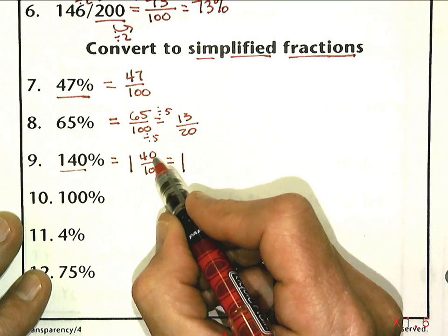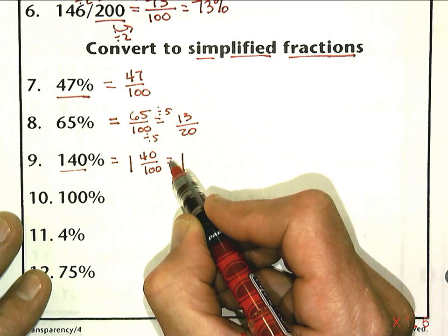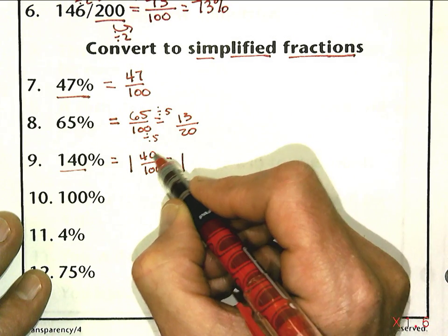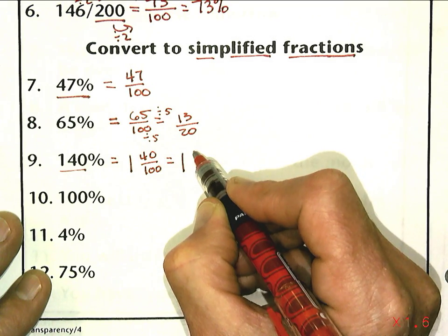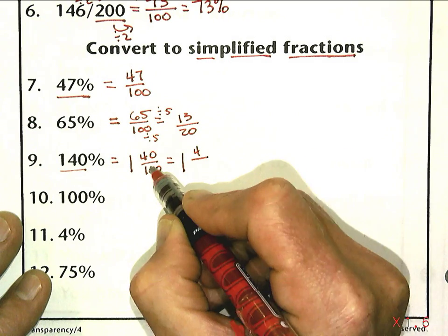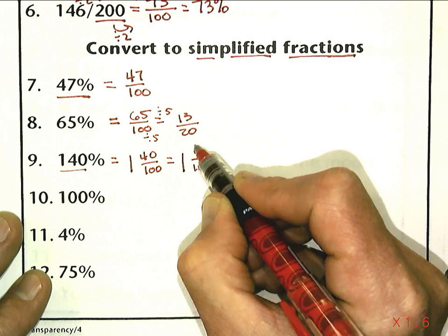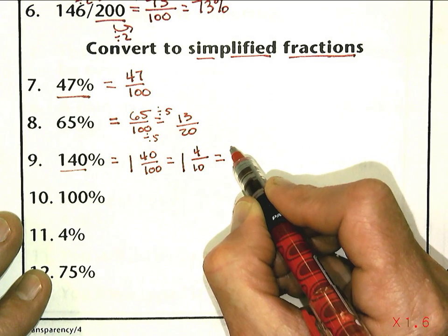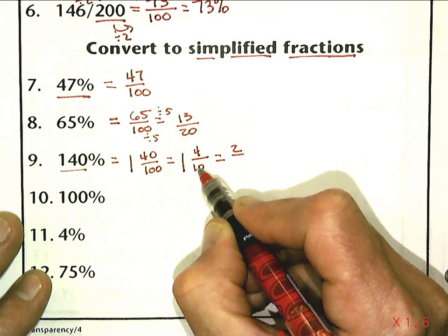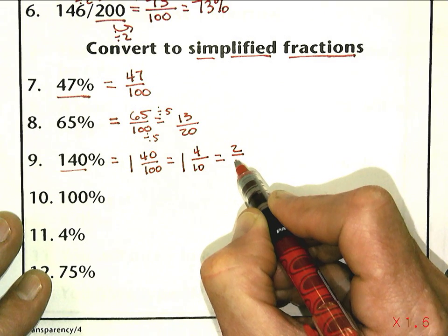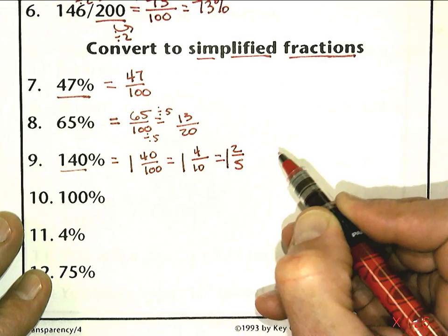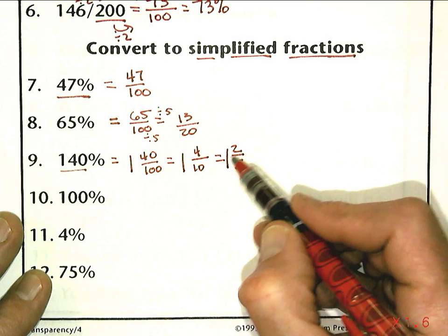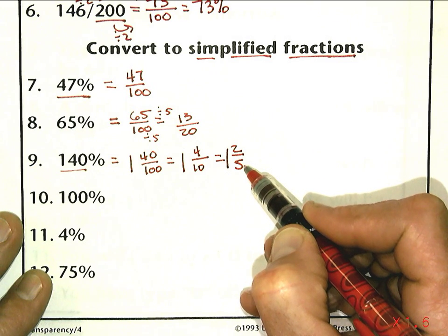They're both divisible by 10 at least, so 40 divided by 10 is 4, and 100 divided by 10 is 10. But I also know that's still not all the way reduced. 4 can be divided by 2. 4 divided by 2 is 2, and 10 divided by 2 is 5. And I need that 1 in there still. So now I have 1 and 2/5 as the reduced fraction for that.